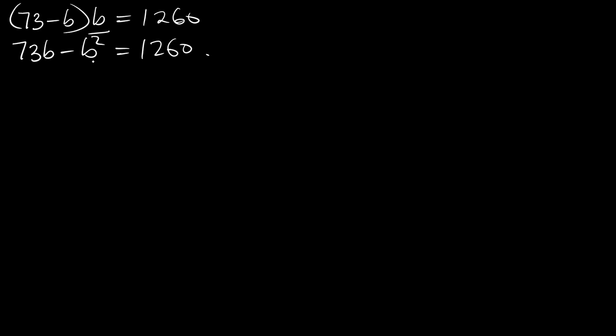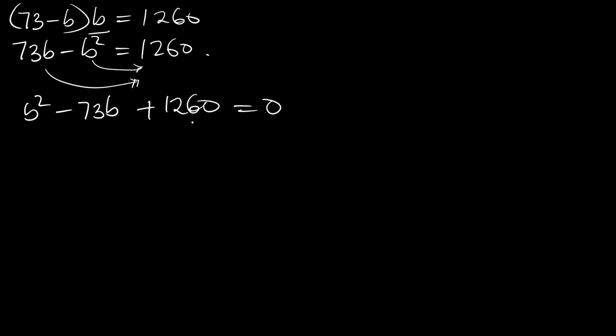Moving this whole thing to the other side, you have B squared minus 73B plus 1260 equal to 0. Now let's look for factors of 1260. Let me just write B, then B.